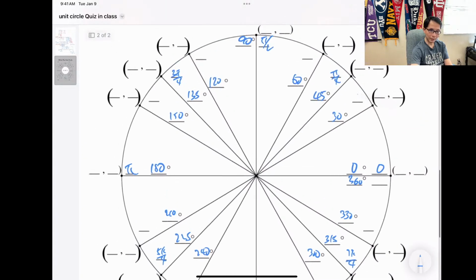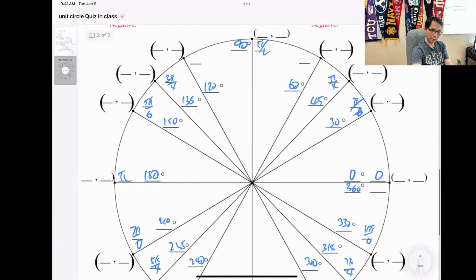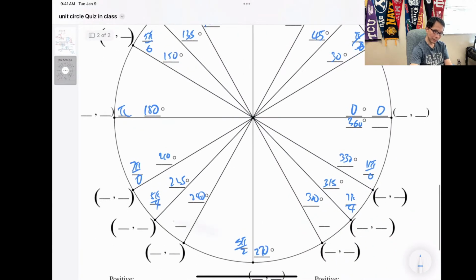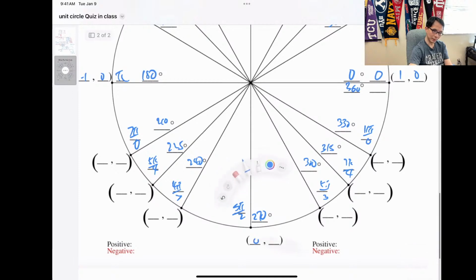Okay, and then pi over 6, 5 pi over 6, 7 pi over 6, 11 pi over 6, and then pi over 3, 2 pi over 3, 4 pi over 3, 5 pi over 3. Then 1, 0, 0, 1, -1, 0, 0, -1.